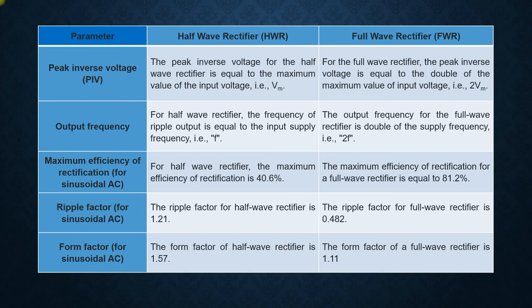Once you go through the equations for the voltages and currents of half wave and full wave rectifiers, you can easily identify the ripple factor. The form factor of the half wave rectifier is 1.57, and that of the full wave rectifier is 1.11.